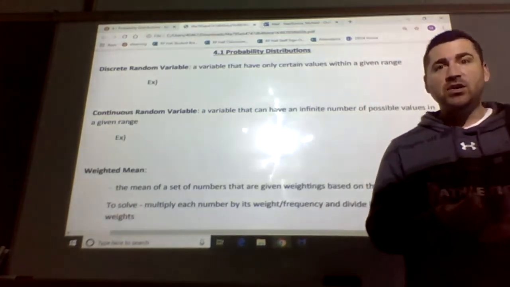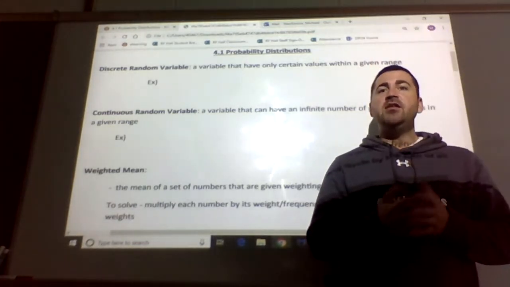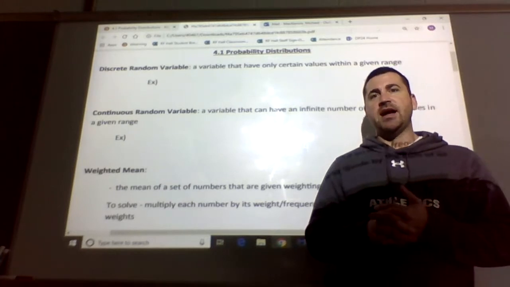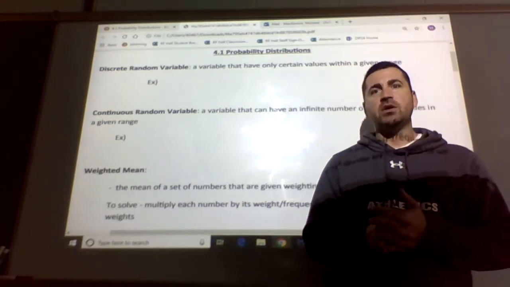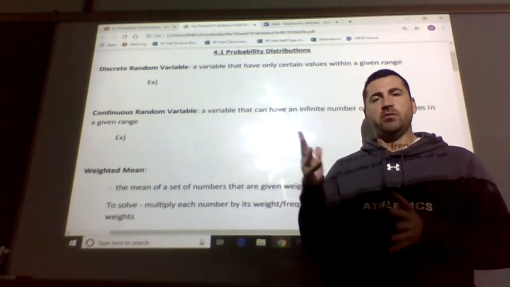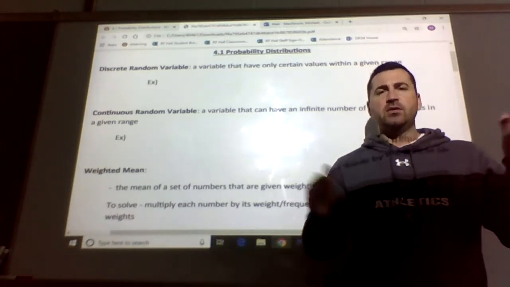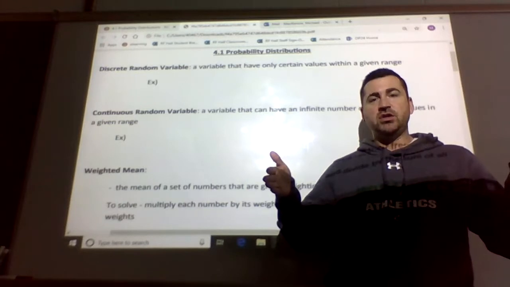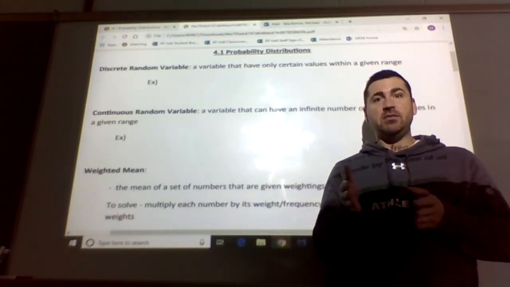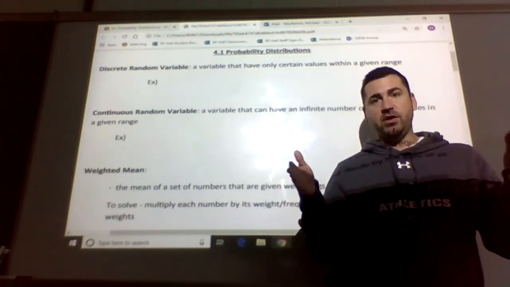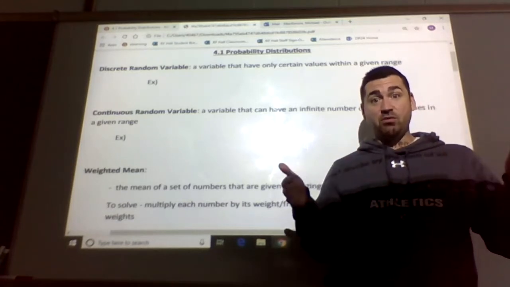Whereas continuous is an infinite number of solutions in the data set. So, for instance, in our class, in the morning, it goes from 8:17 to 10:45. That's the range. But in that range, time has an infinite number of values.